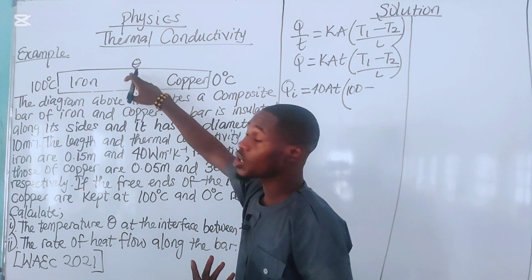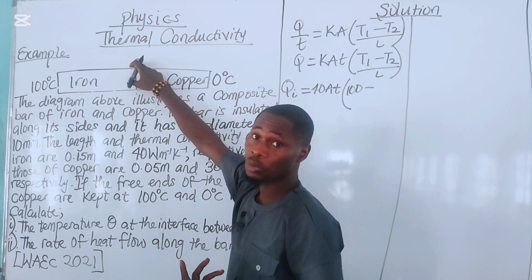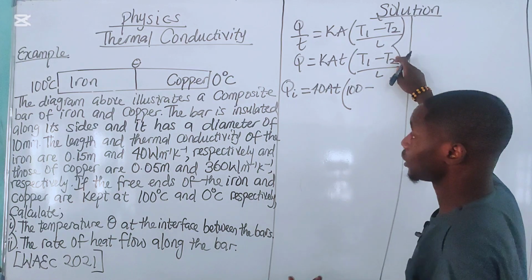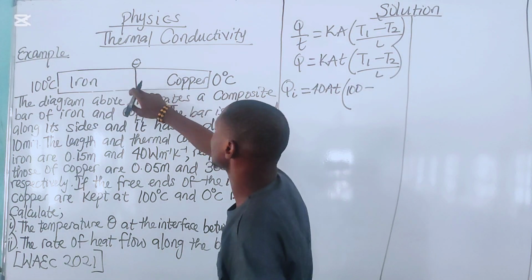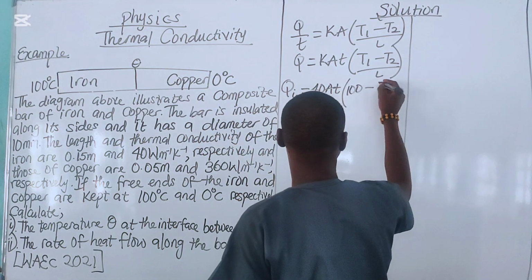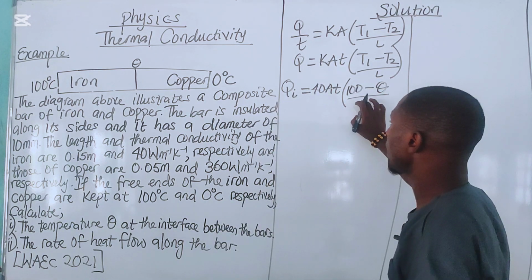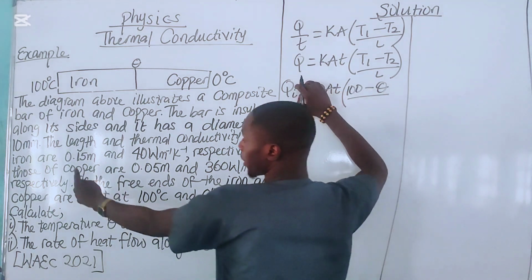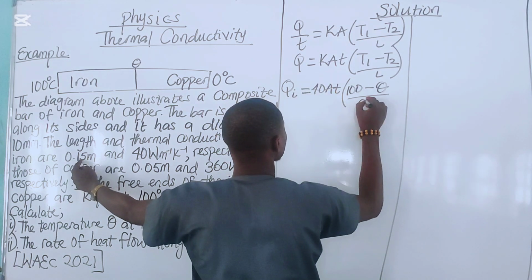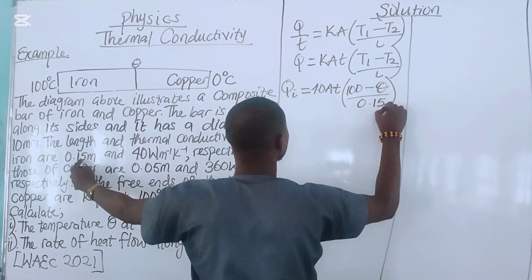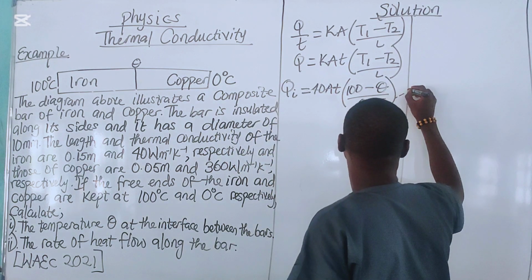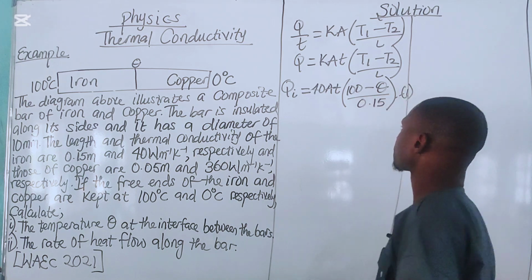In this case, let's call that temperature theta instead of writing T2, because that is the final temperature at this interface. So I will just call it theta. Then divided by the length of the iron, and we are told that the length of the iron is 0.15. So let me call this equation 1.